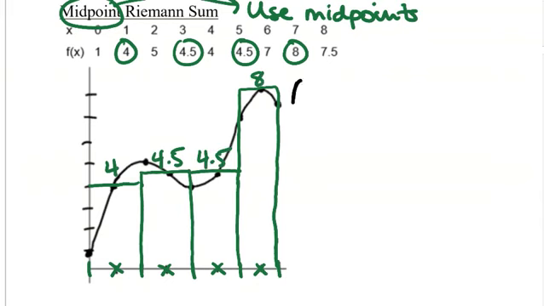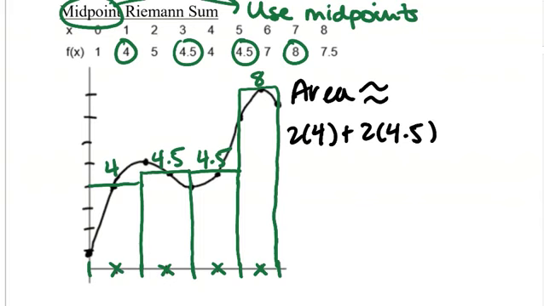So in this case, the area is approximately equal to 2 times 4, 2 times 4.5, 2 times 4.5, and 2 times 8. Okay, I've got 8 and 16 is 24, and then 2 9s is 24 plus 18, 42.